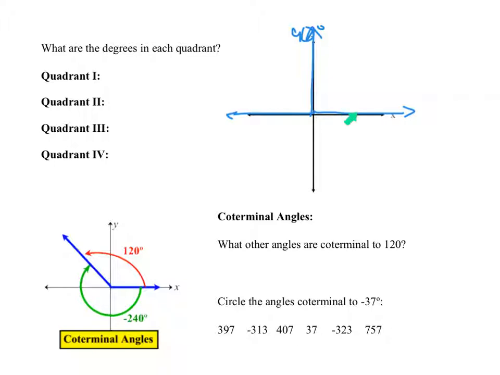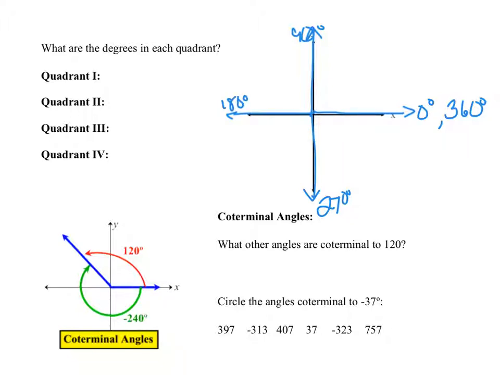If I go from the x-axis all the way around to the negative x-axis, that's 180 degrees. And down, 270. And this one right here would be 0 if we didn't go anywhere, or if we went all the way around in a circle, that's 360. I'm just going to erase this one. I need this space a little.